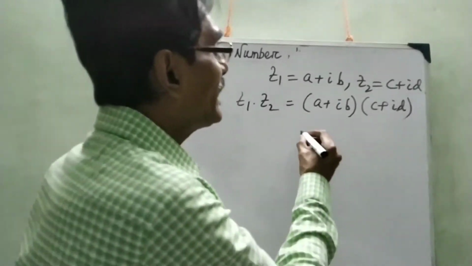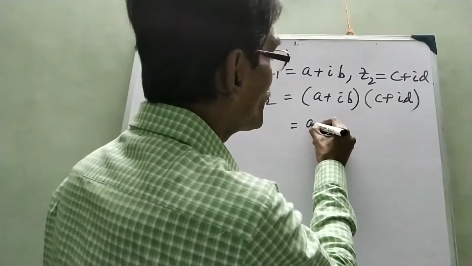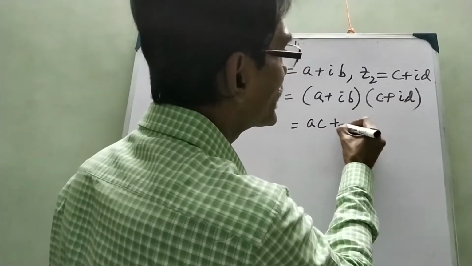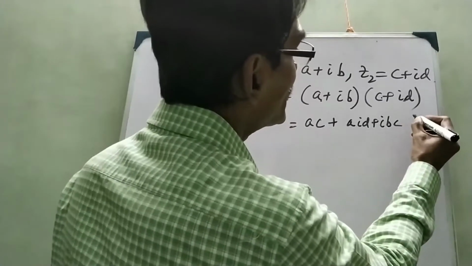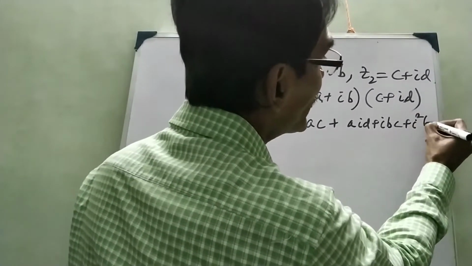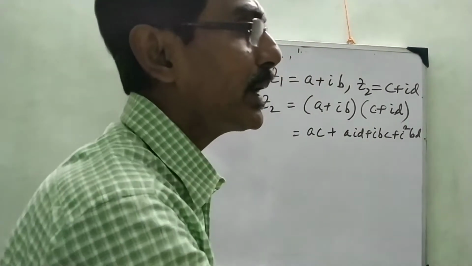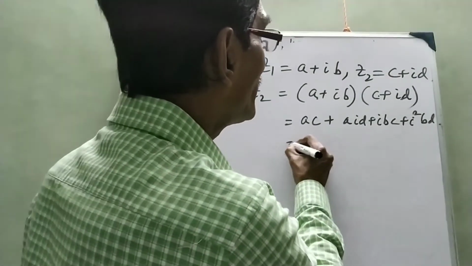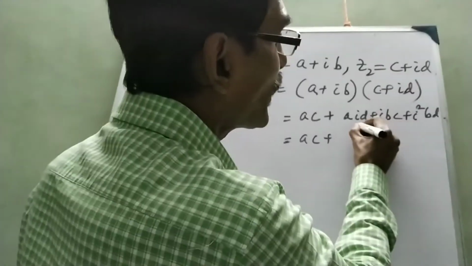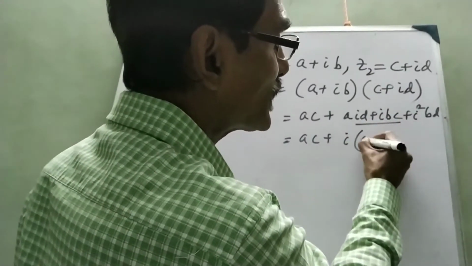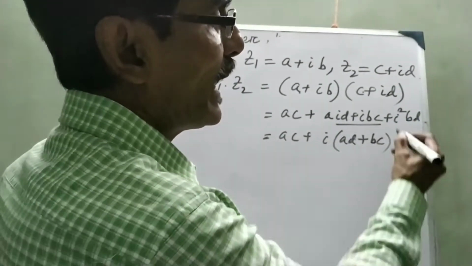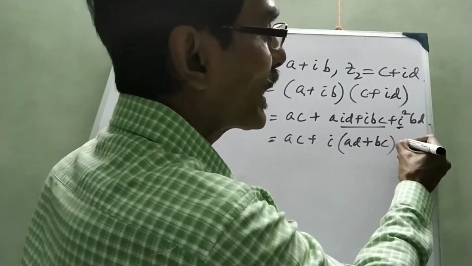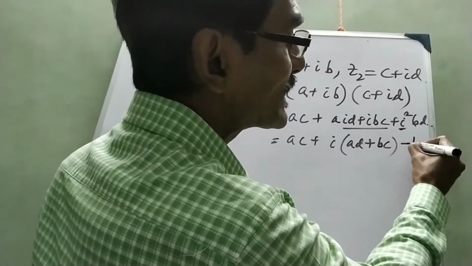If we multiply, what is coming? Firstly, algebraically, A into C, A into iD, plus i into BC, and then i square into BD. By simplification, AC plus, from these two, if I take i common, very simple calculation, i into AD plus BC, and you know i square is minus 1 and BD is the same.